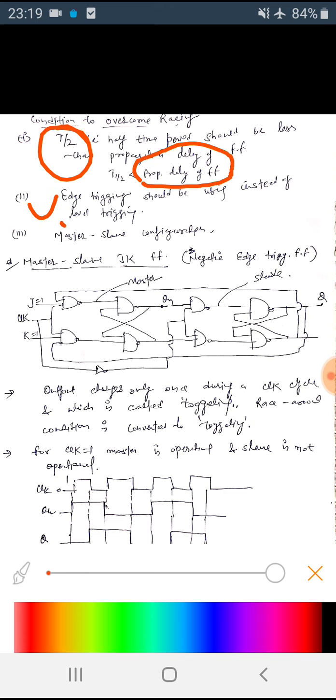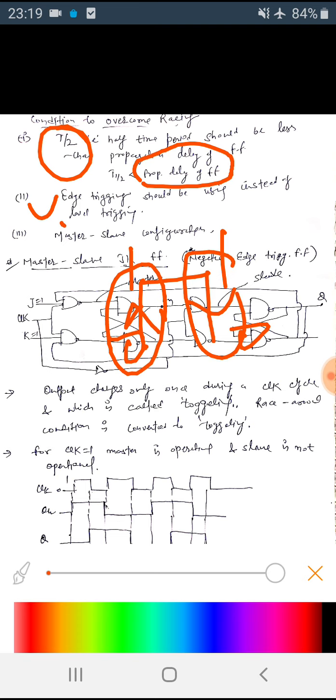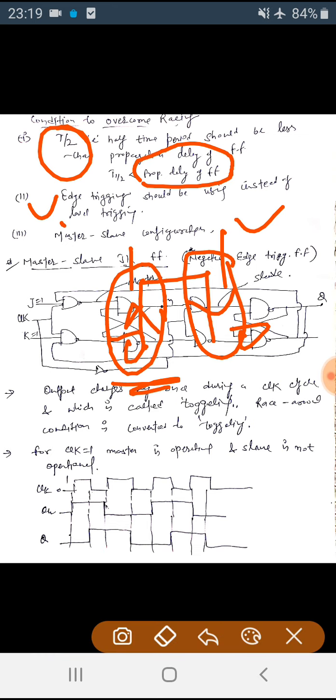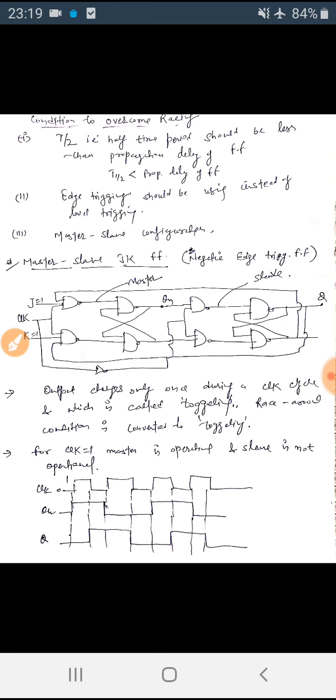Second is edge triggering, that is the state changes only when the clock goes from 0 to 1 or from 1 to 0, that is at the edges of clock. And third is master slave configuration. It is an important topic from the point of view of our semester exams. Okay, so how we can implement a master slave flip-flop?